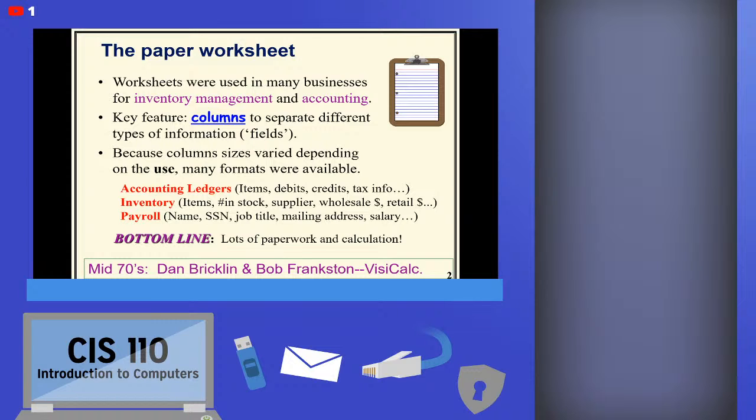And this was the first of its kind, and it was really touted as one of the biggest innovations of its kind when it was brought to market. It was brought to market for the Apple II.